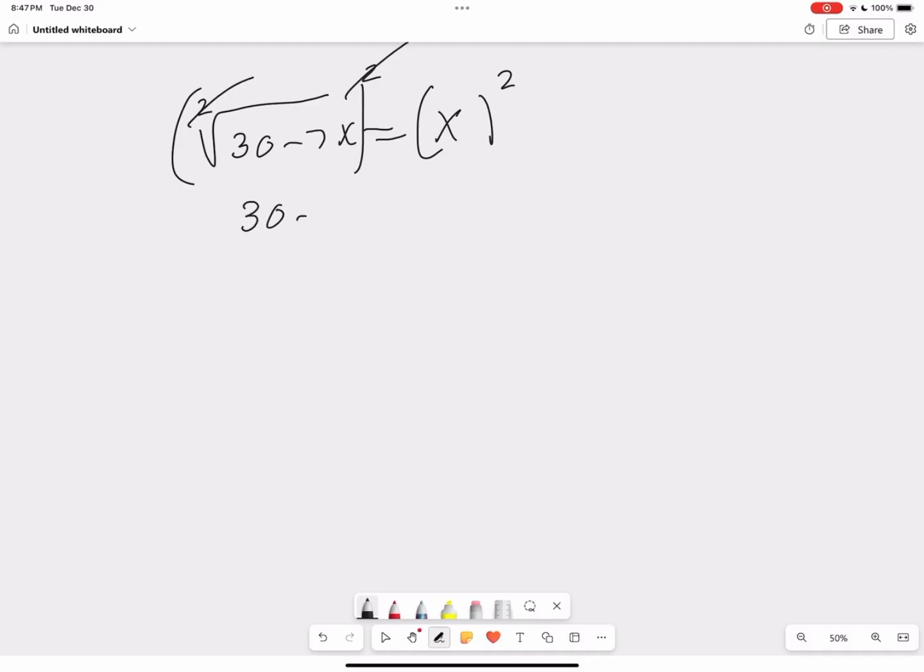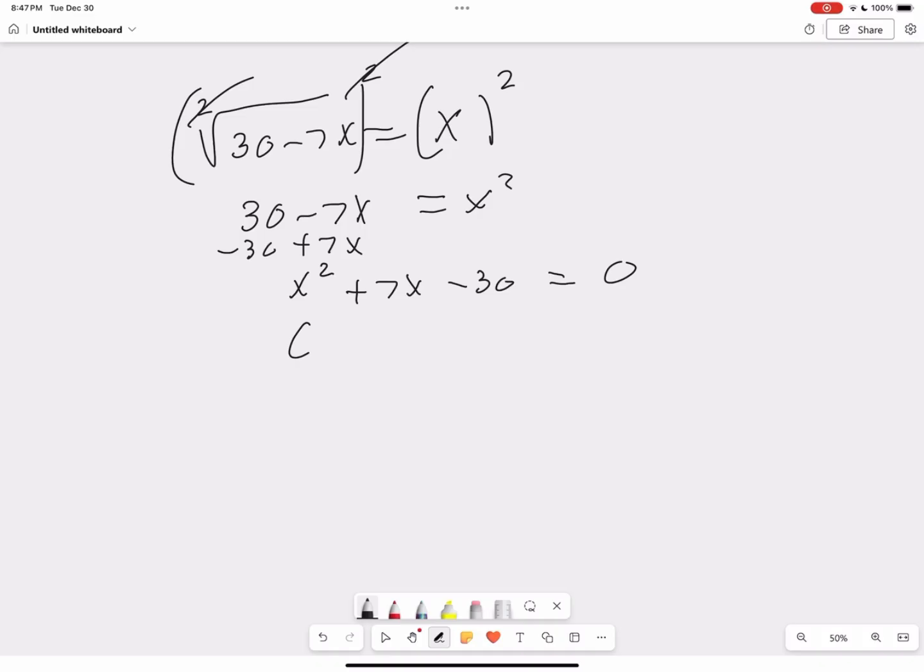For example, if we have 30 minus 7x equals the square root of x, let's solve this. The square root goes away, and this becomes 30 minus 7x equals x squared. Move everything to one side so we can factor: x squared plus 7x minus 30 equals 0.